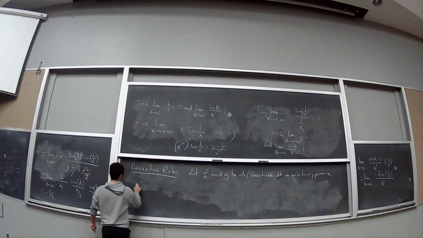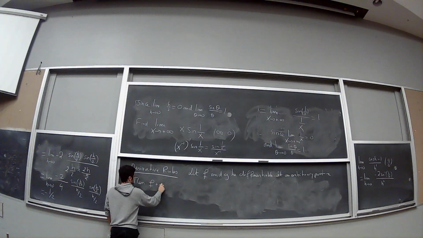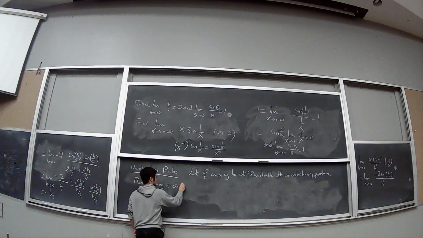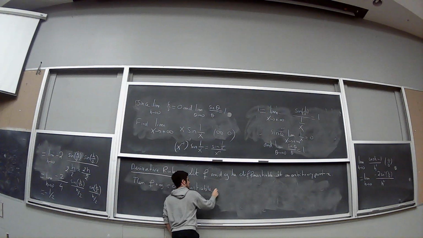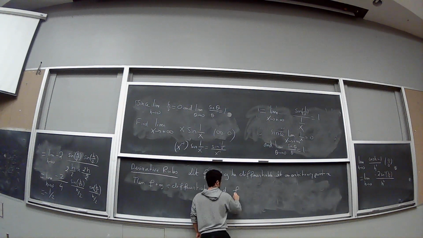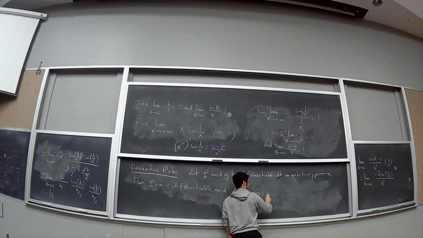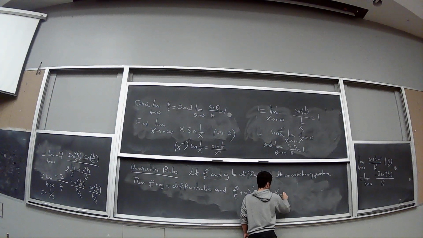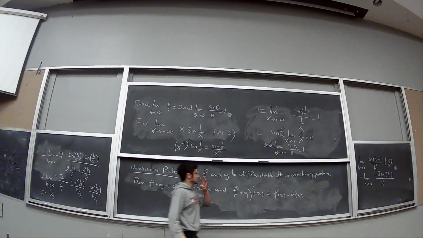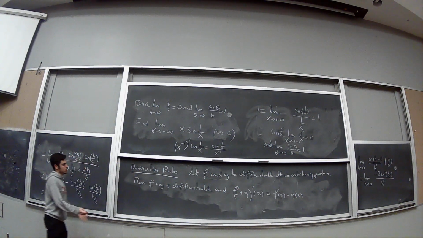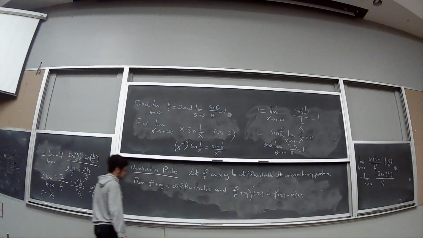What can I say? Then f plus g is differentiable, and f plus g prime of x is equal to f prime of x plus g prime of x. So far maybe this doesn't have many applications because we don't know any formulas, but let us prove this.